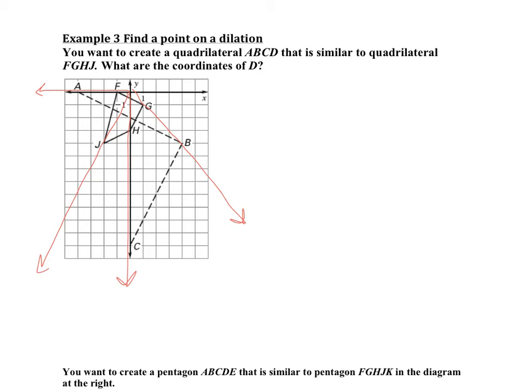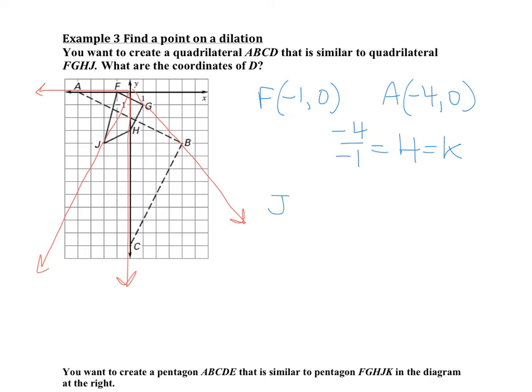How can I do that? I can easily just find what the factor is. So I'm going to look at the coordinates of F, which are (-1, 0), and A is (-4, 0). So -4 divided by -1 is 4. So that's my k.